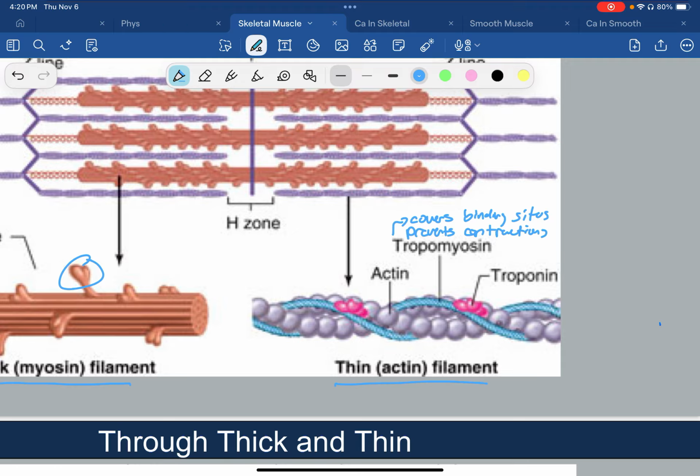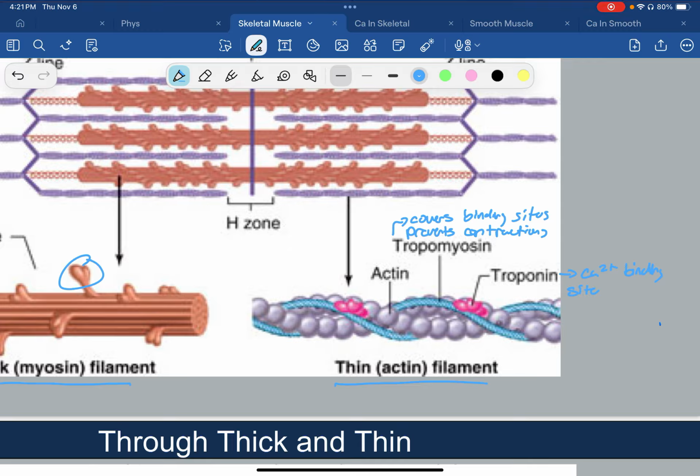And our troponin is actually what has a calcium binding site. And so once calcium binds, then our tropomyosin will move out of the way so that our globular heads can bind.